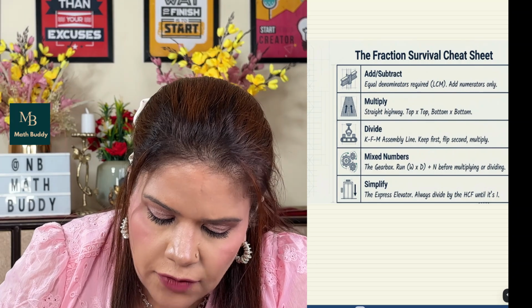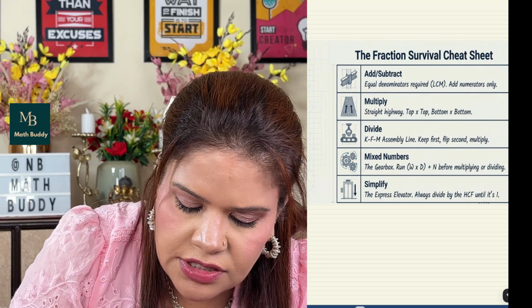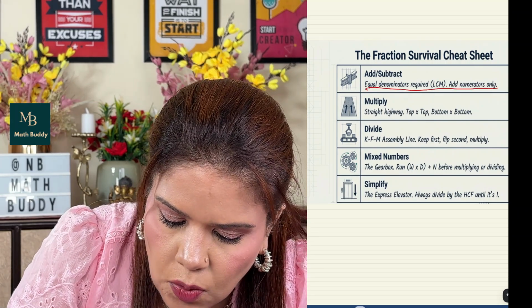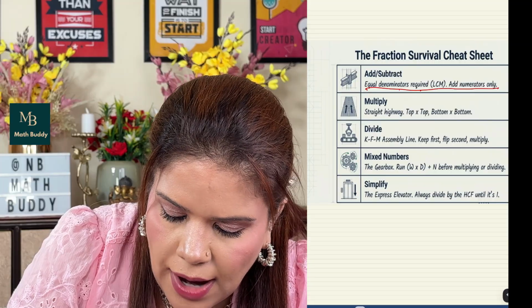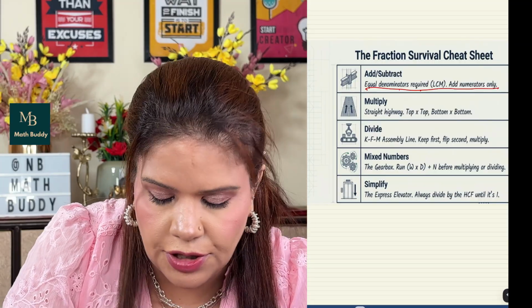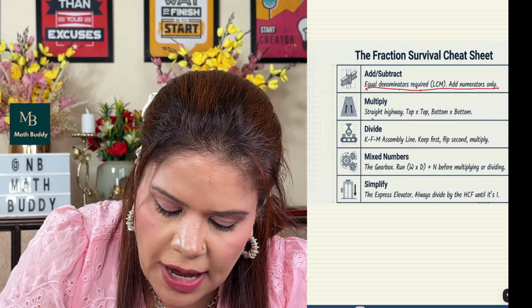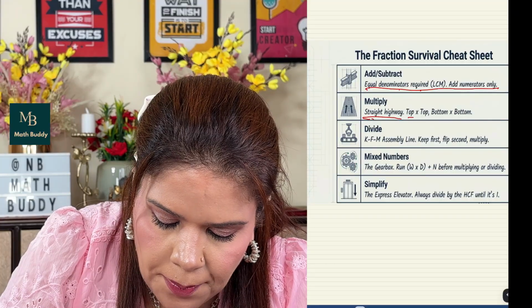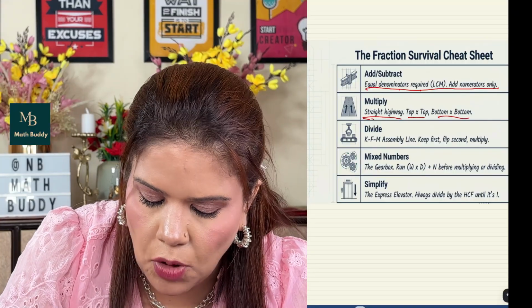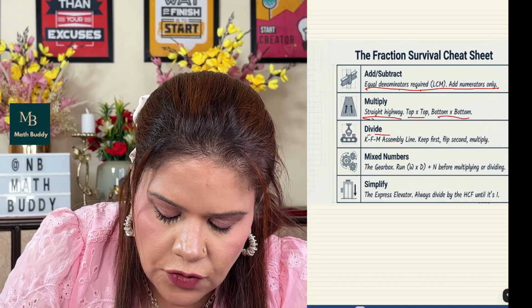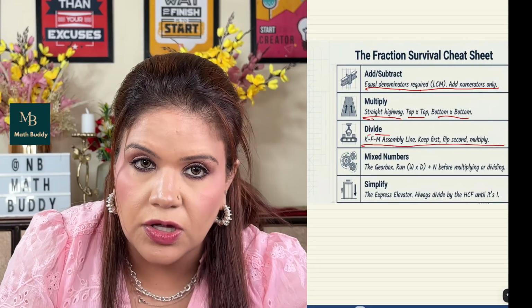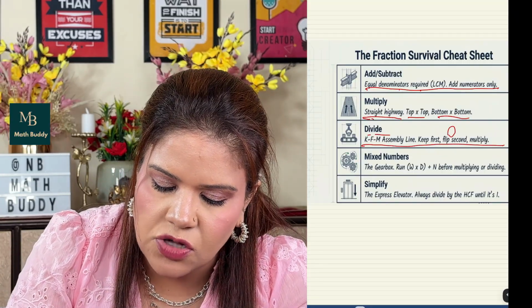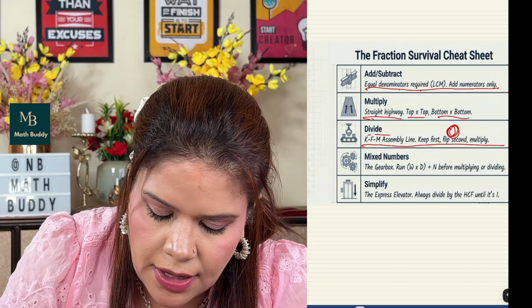So what we have learned: in addition and subtraction you will find the equal denominator required and then add numerators. Multiply, you will do top times top, bottom times bottom. For division you will apply KFM, but you have to keep in mind that flipping is of the second number only.